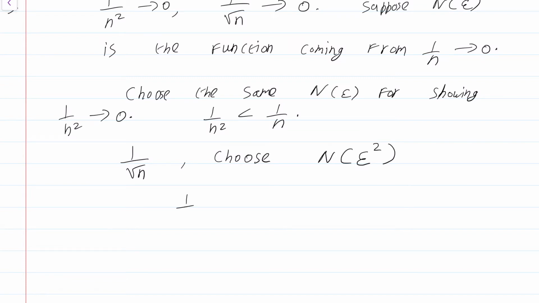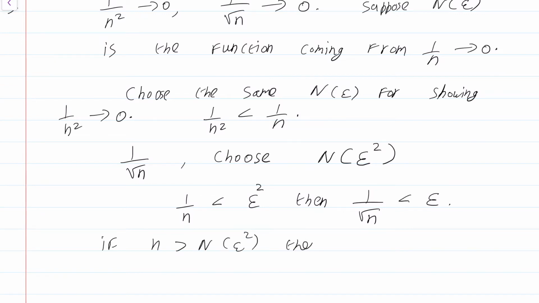If small n is greater than N of epsilon squared, then 1 by n is less than epsilon squared, and therefore 1 by square root of n is less than epsilon, right? So this quickly dispenses of 1 by square root of n also.